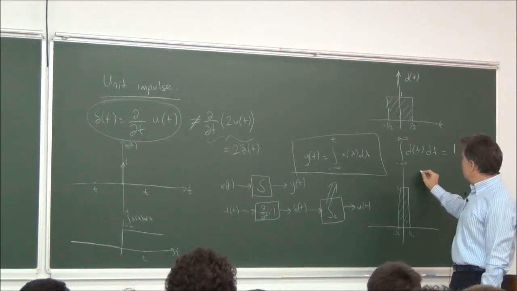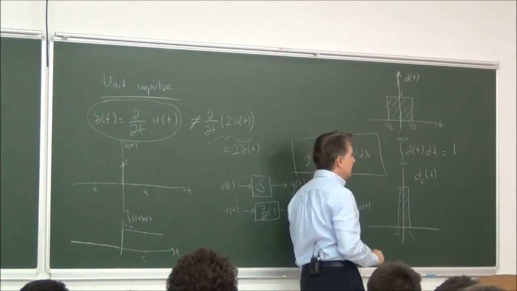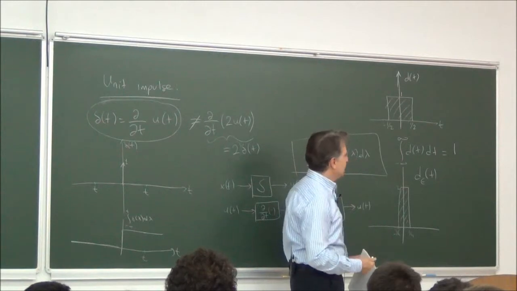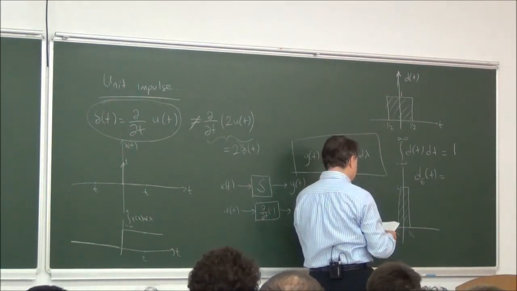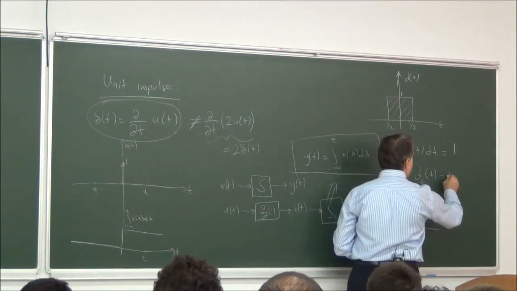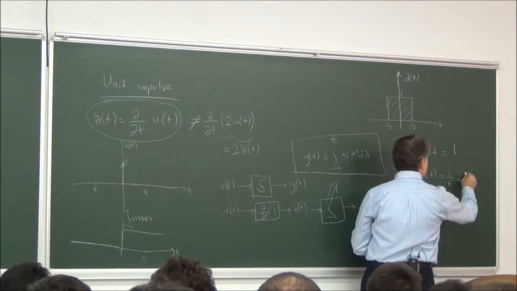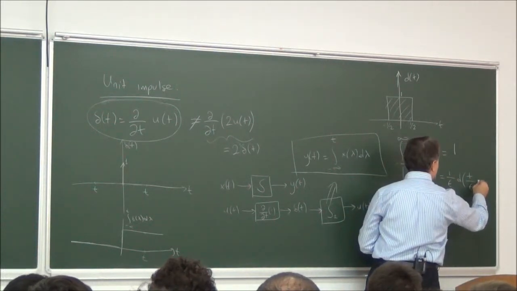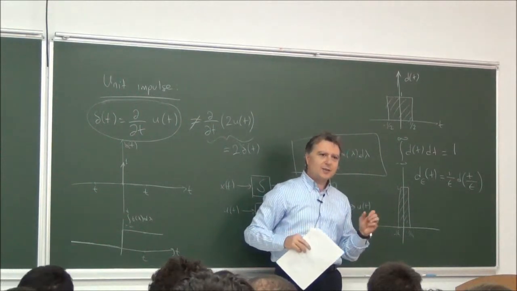What we are going to do is define a function like this. D sub epsilon of t is equal to 1 over epsilon d of t over epsilon, as epsilon shrinks down to 0.